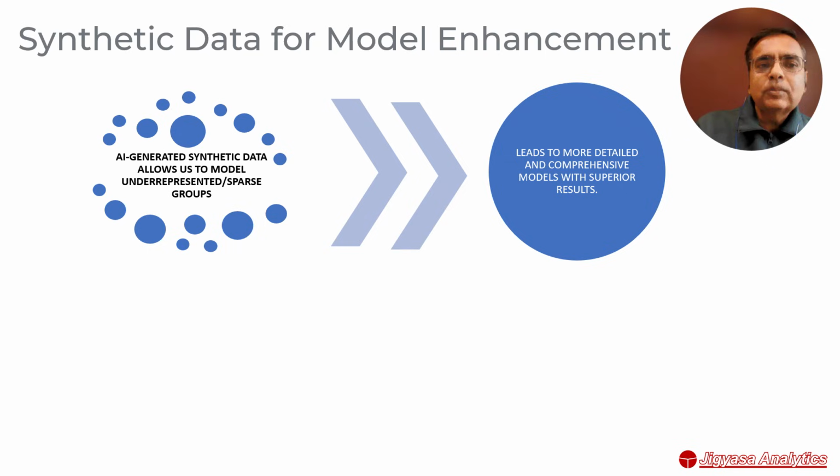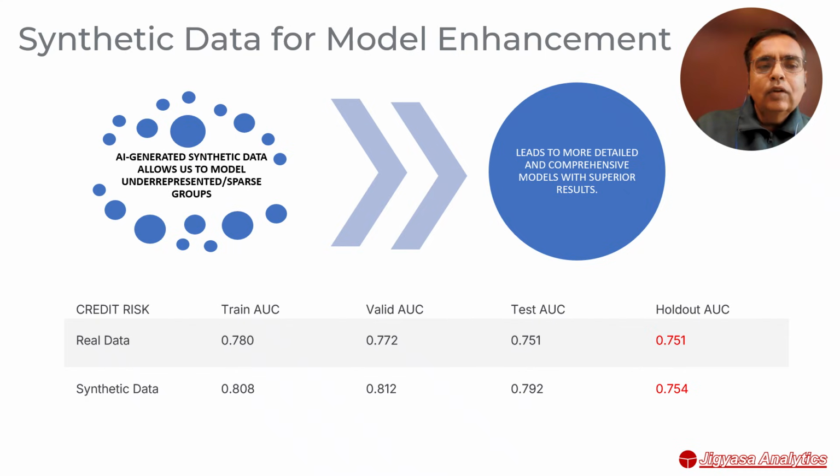So we did some experiments on this, and again we have a separate presentation on that you can see on our YouTube channel. But basically, if you look at this, we built a model on the same credit card data we have been using throughout this exercise.